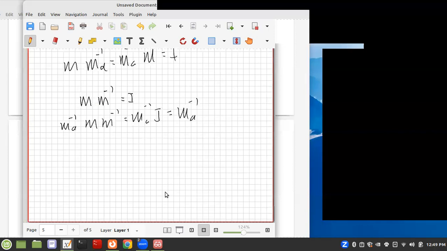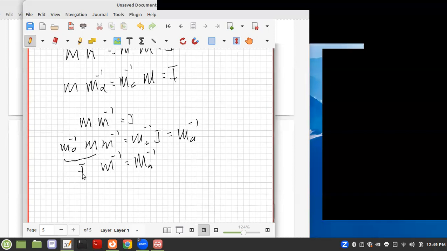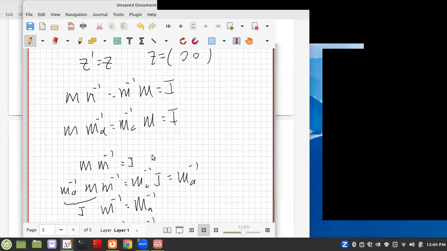And now from this equation here, we know that this equals the identity times M equals M alternate inverse. Then we know that M inverse equals M alternate inverse, right? And now I just have to turn this around. Maybe what you want to do is start from the other way around.